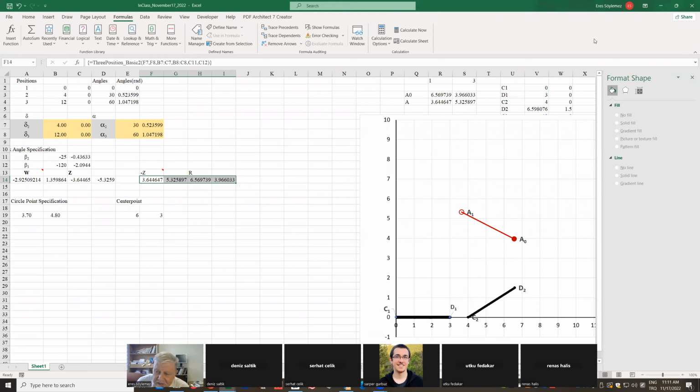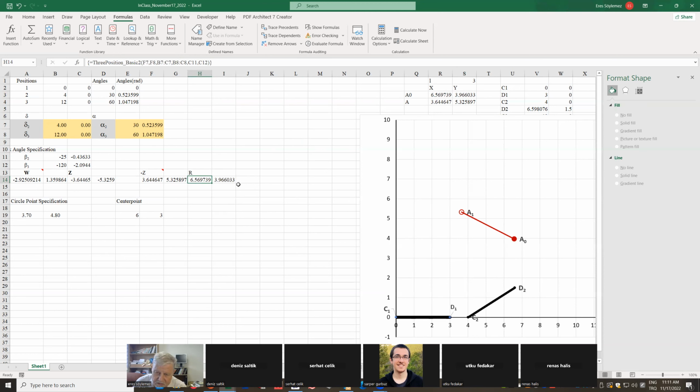Please check my A0. A0 is 6.5697 plus 3.966 i, the X and Y coordinates. Is that correct? Can everyone see that?